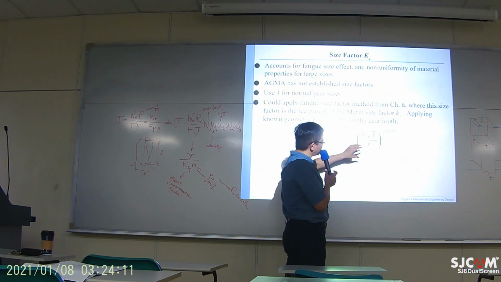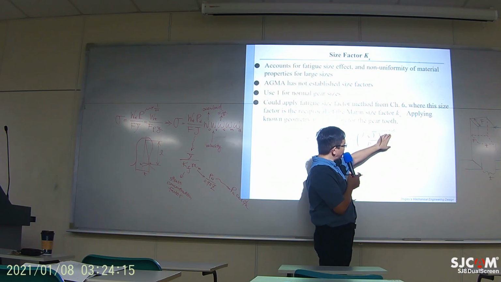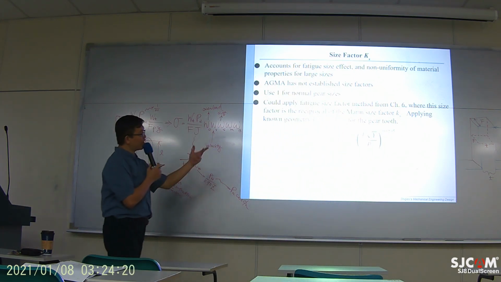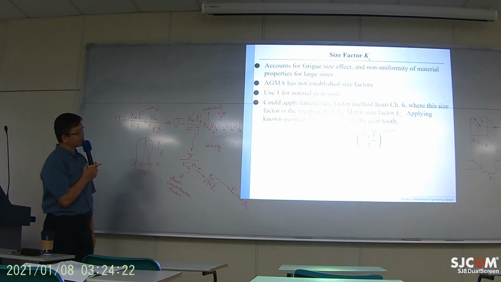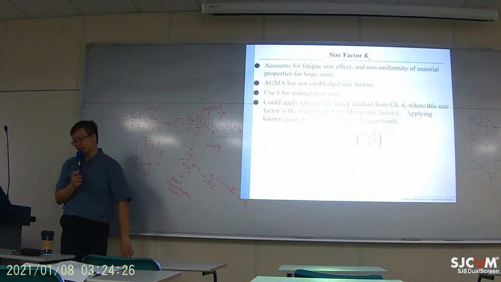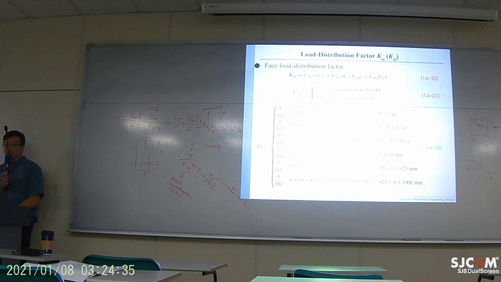So if you compute this equation, apply this power and multiply by this constant, you get this K value. Usually this is based on curve fitting. They have done tons of experiments and fit this particular curve.